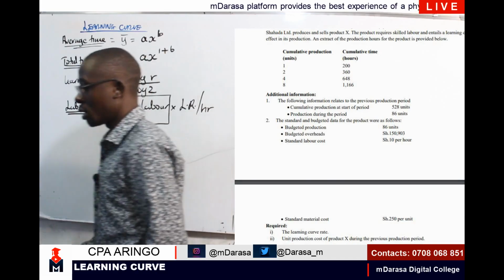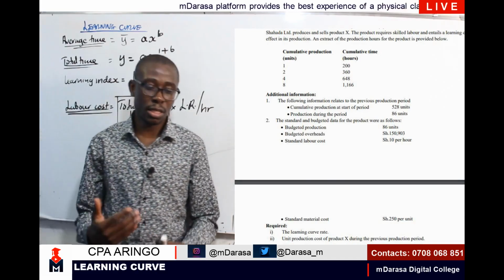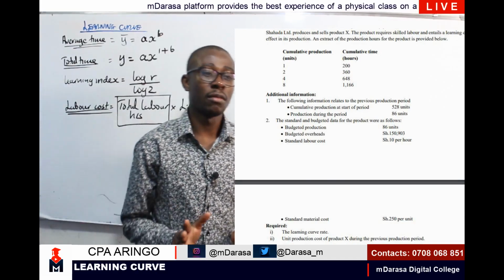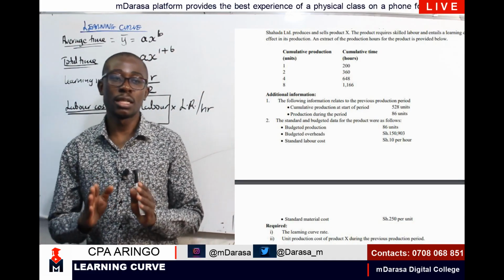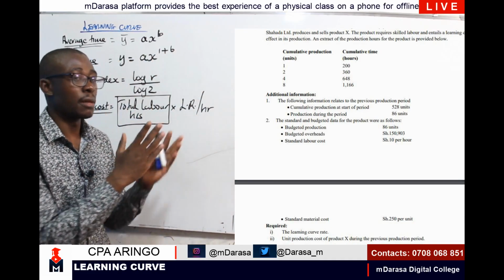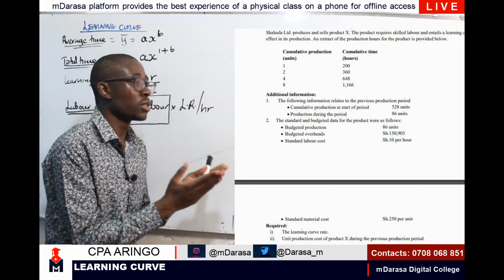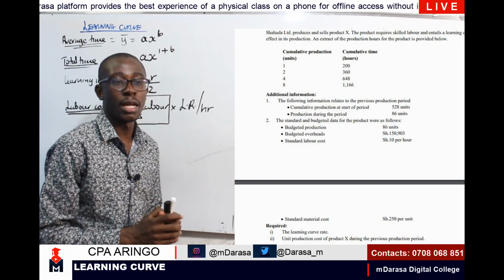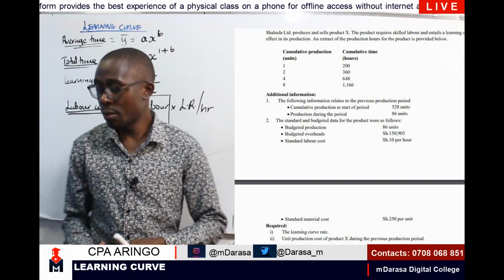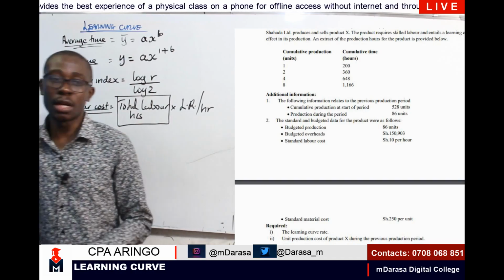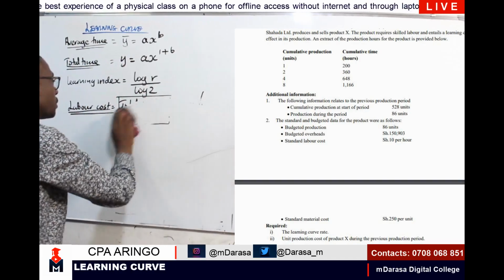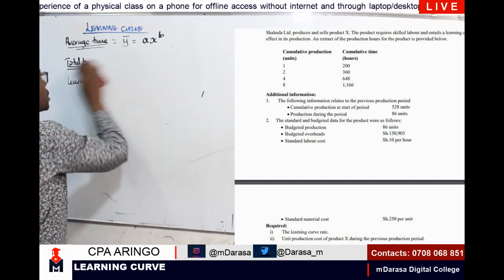So that is the question I'm given. And clearly you can see that the examiner wants us to determine our learning curve rate. The thing to note is that on this question, the examiner did not give us our learning rate, so I am required to determine it. In scenarios where you are not given your learning rate, how will you go about it?